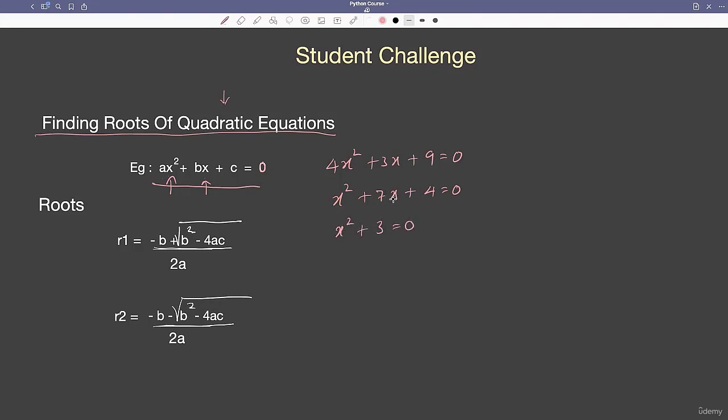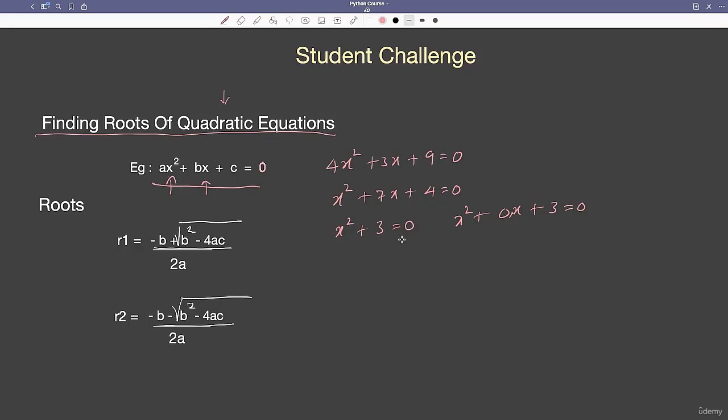There is no x, so it means its coefficient is 0. You can treat it as x square plus 0x plus 3 equal to 0. So there is no x term here. Assume that it is 0 multiplied by x. So these expressions are called quadratic equations or quadratic expressions.